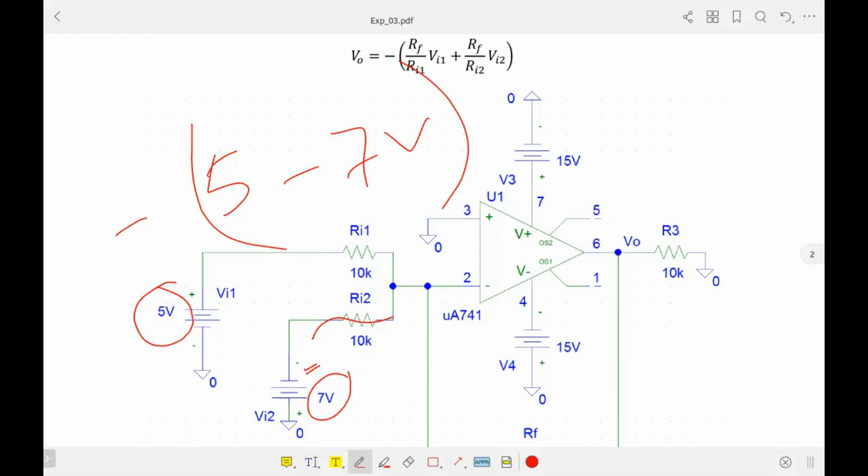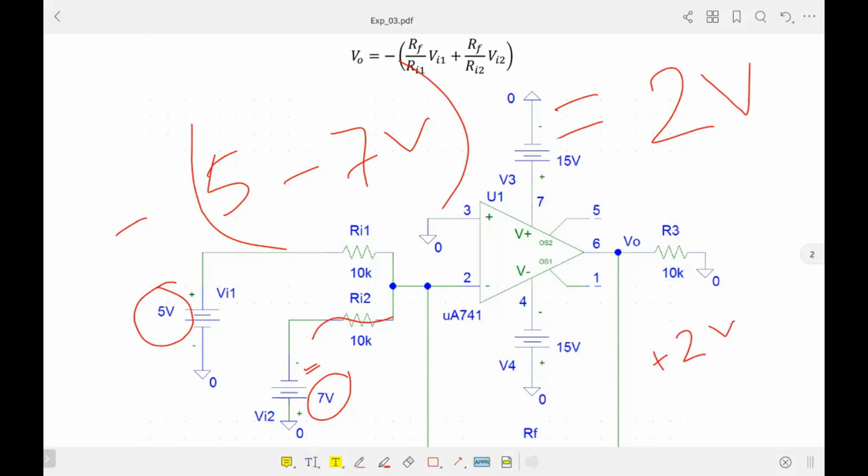So the output will be a total of 2 volt. When I perform this simulation, you will see that the output I get is plus 2 volt.